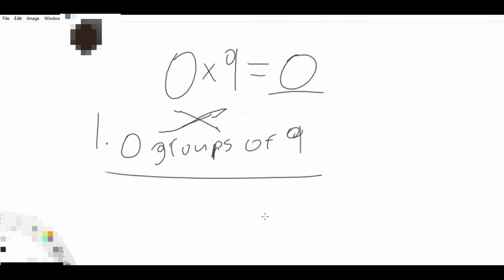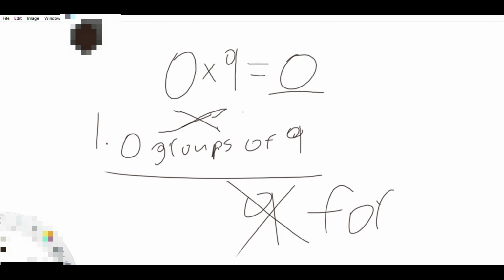So similar for this, 0 times 9 means there's no 9s, times 0.